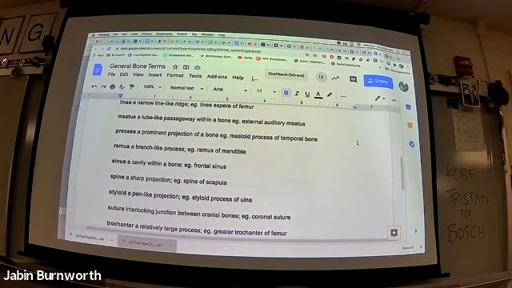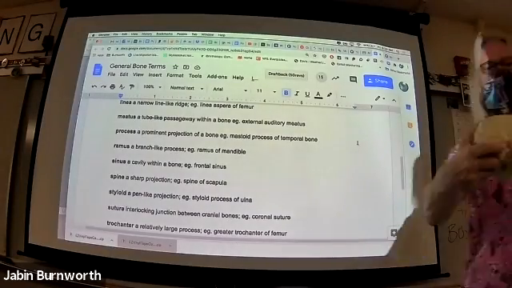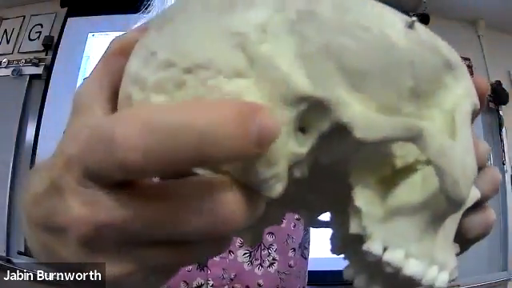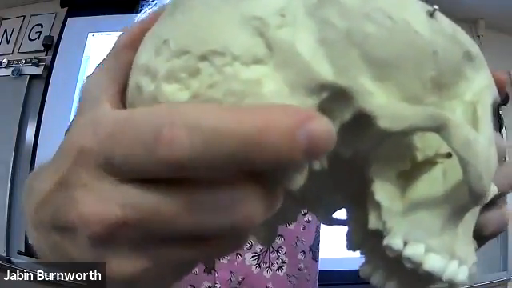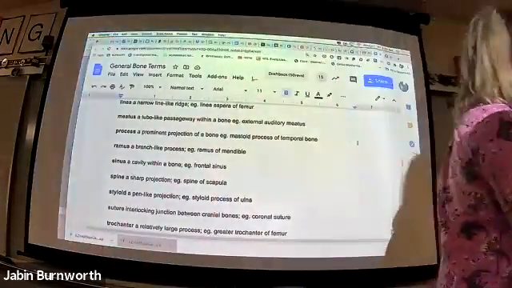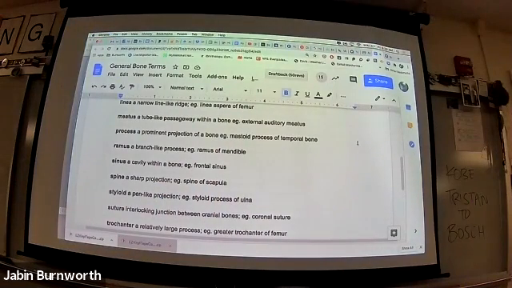You all see this little hole right there? That is a meatus. If that's the auditory meatus, what do you think that goes to? Yeah, it goes to your ear. In fact, this is freaky. You have 3 bones in your ear, inside this. I've got 2 human skulls, the one that you saw the other day and another one.